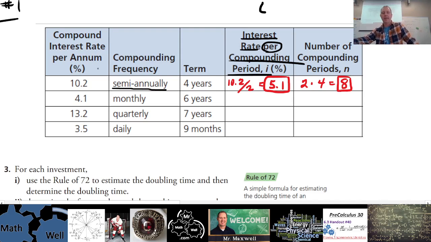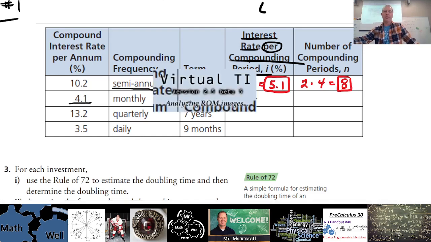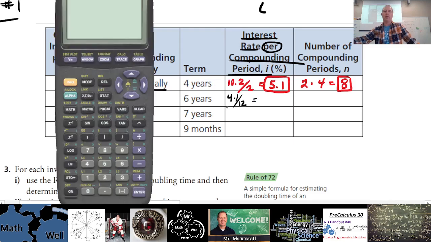For the second one, the interest rate is 4.1, so the little i, the interest rate per compounding period, is going to be this interest rate divided by 12. 4.1 divided by 12. And of course, I'm not going to do all these for you, but I'll get you started here. 4.1 divided by 12 is roughly 1/3, isn't it?